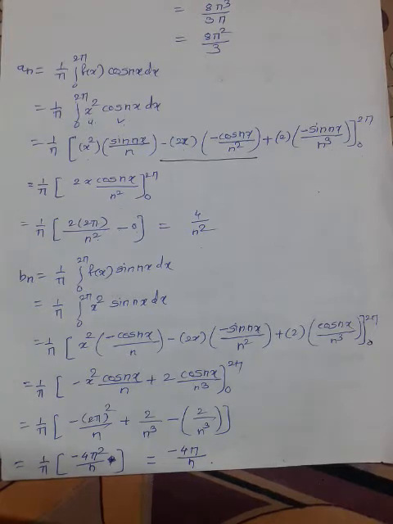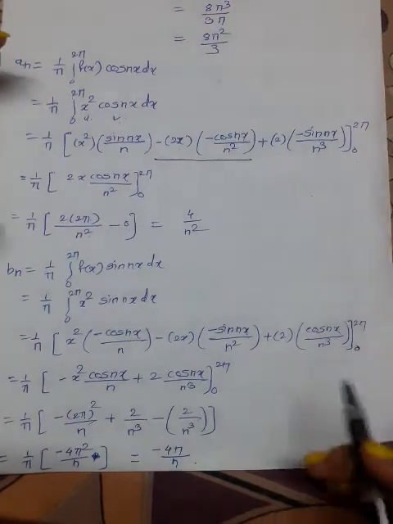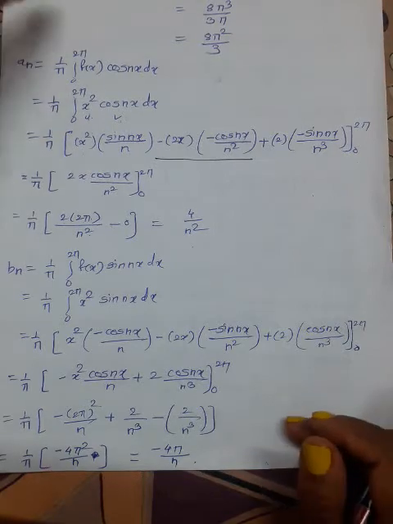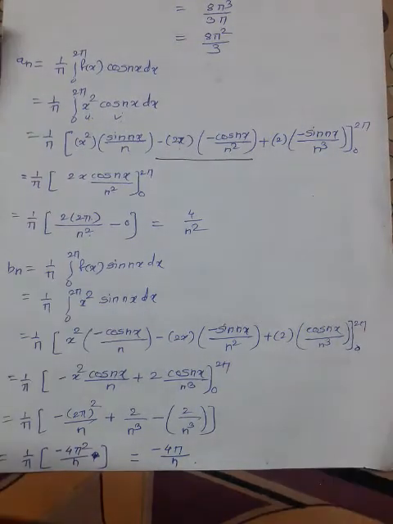Now what we have to do? Put this value of a0, an and bn in the original Fourier series, equation number 1.